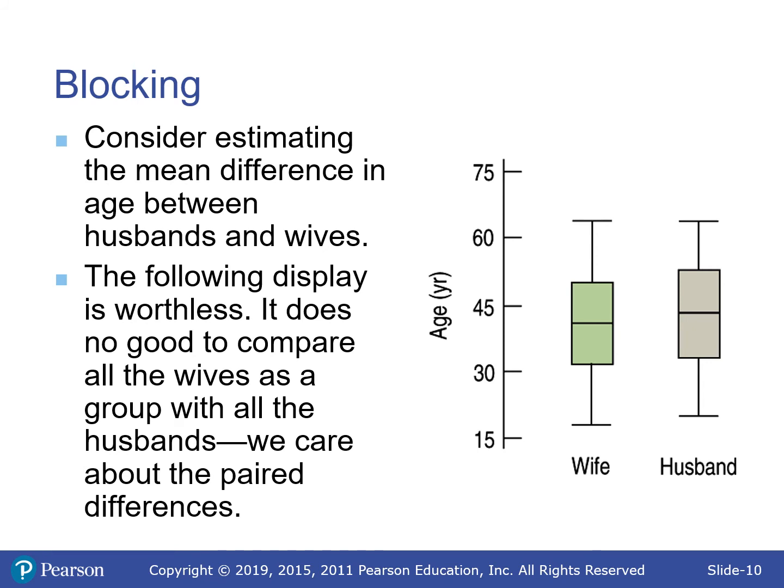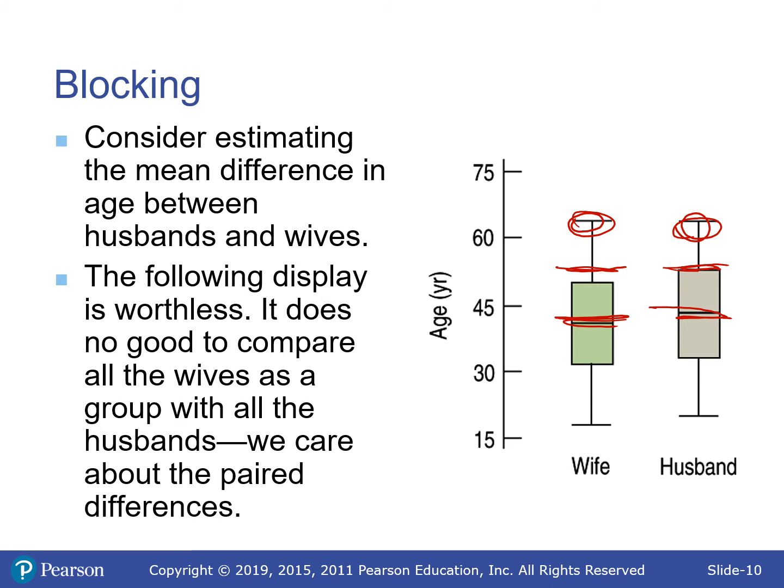And so we have these two box and whisker plots that do absolutely no good. This does not help us compare the mean differences between husbands and wives, because chances are the people in this age are married to people here. The people in this age are married to the people in this age. The people in this age are probably there. Maybe, we don't know. Maybe it's all sorts of random.